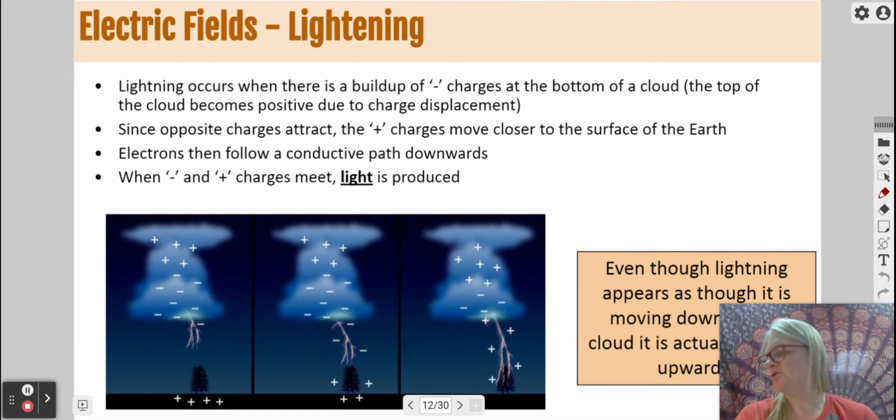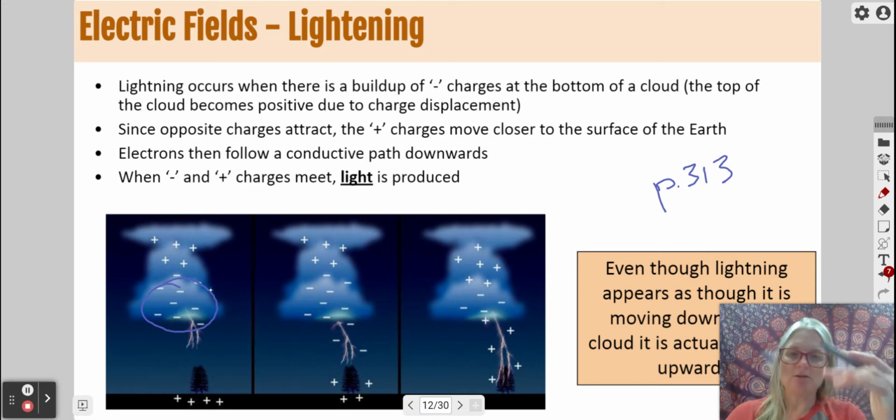There's a little blurb in your textbook about lightning. I think it's on page 331. I would just read over that to see how lightning is produced. Basically, you have a buildup of charges in your cloud. The bottom of the cloud tends to have the negative charges, and the top goes positive.